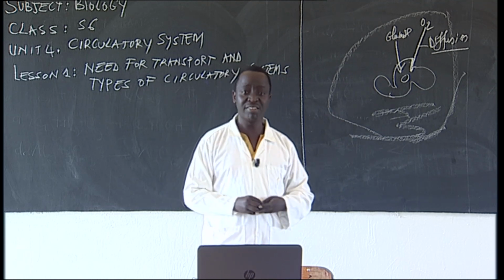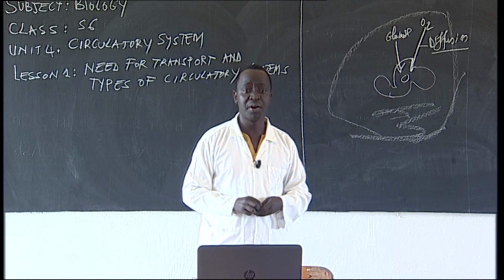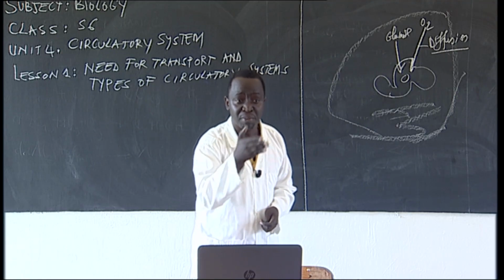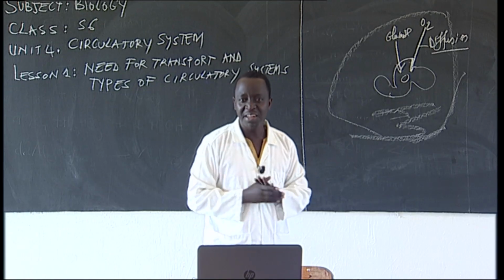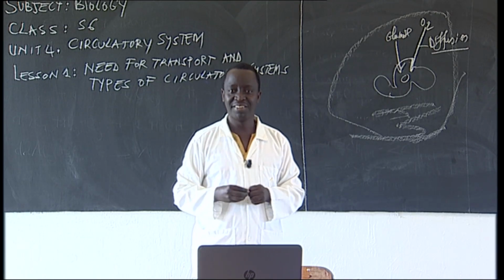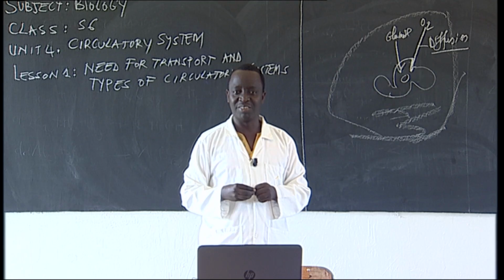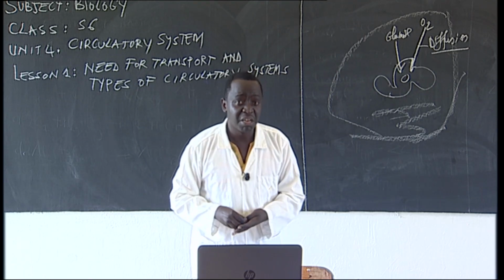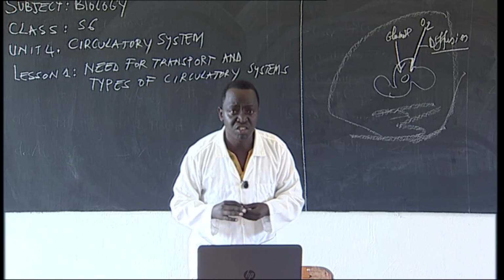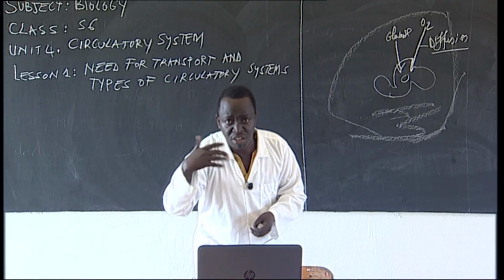Another feature, as I have written there, is blood vessels, or they are also called tubes. What is the importance of those tubes? Those tubes are the ones where blood is going to be transported.